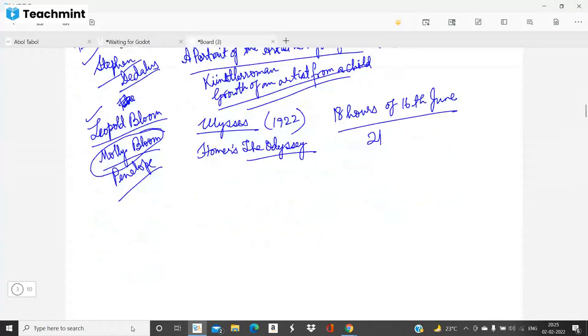Now, this is Joyce's masterpiece. After that, Joyce wrote a book which is a terrible book, Finnegan's Wake.